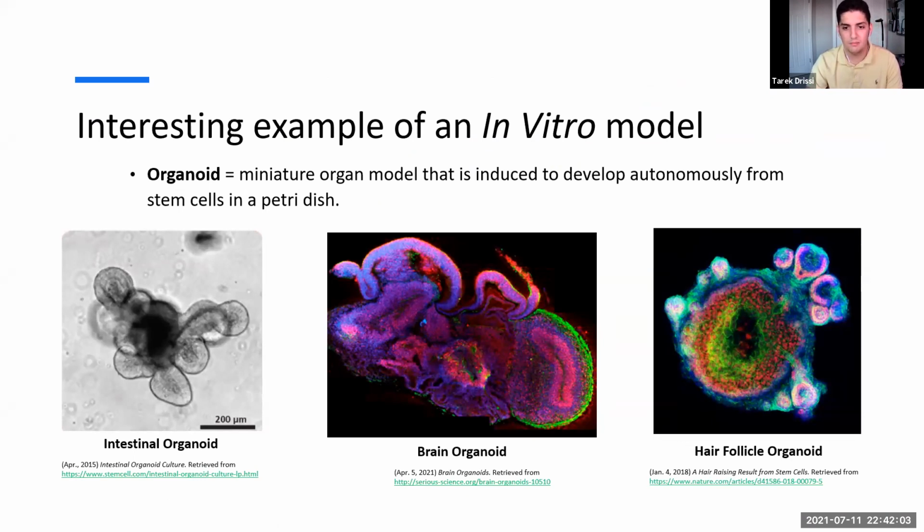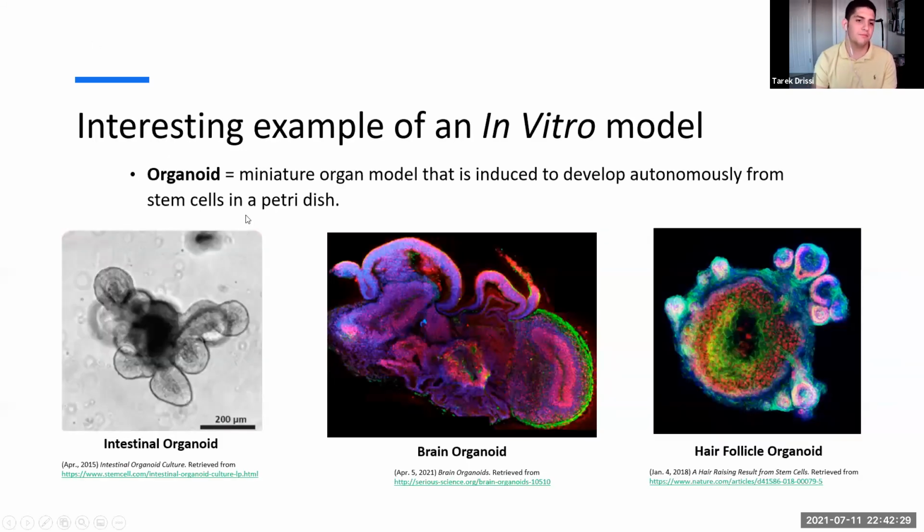But now we have a way to get human stem cells just from sampling someone's skin. You can take it from your forearm and reverse it to become a stem cell. You can now make any organ from that cell that is possible at this point. So it's quite crazy how advanced these studies have become.